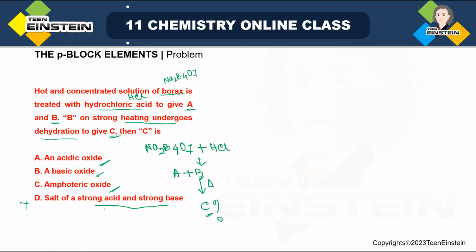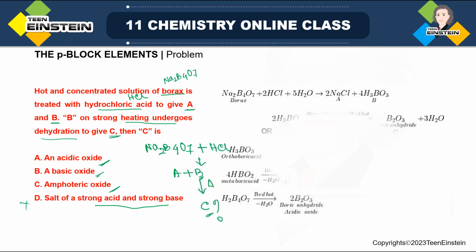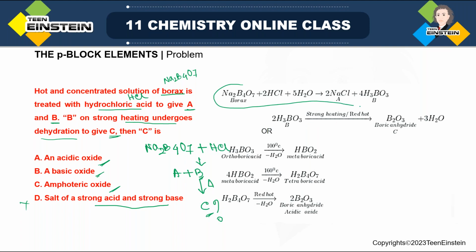So remember in which case there is formation of oxide when you are heating it. Remember all the equations. This is the first equation. When you are heating borax, there is formation of A and B. Now this B, if you directly write this equation, gradually we are increasing the heat.